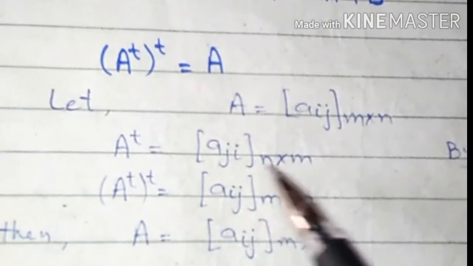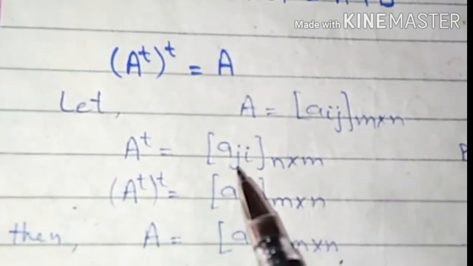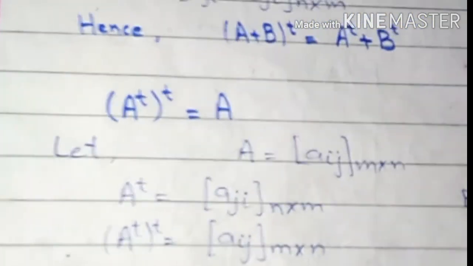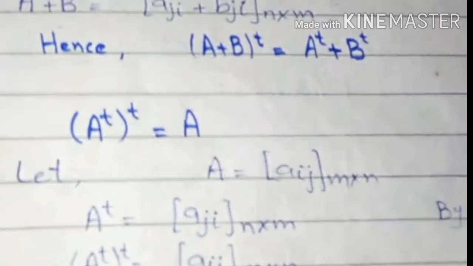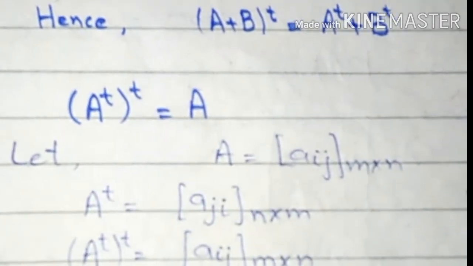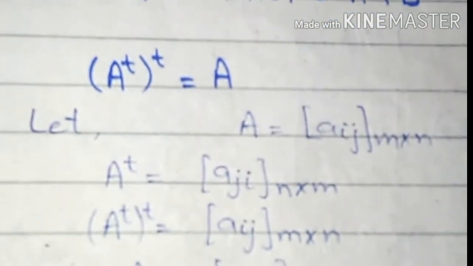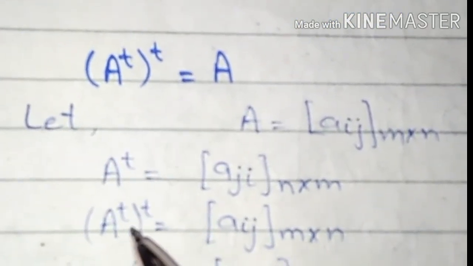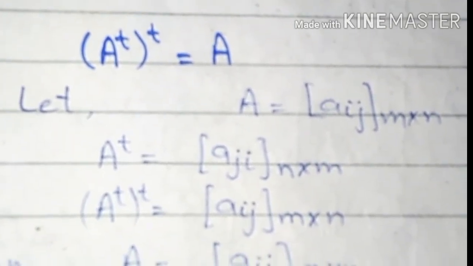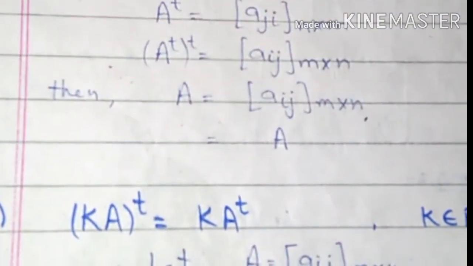A transpose is equal to a_ji, n cross m, and the transpose of A transpose also changes back into its original condition, a_ij m cross n. So A is equal to (A transpose) transpose is equal to A. So we can say that A is equal to a_ij m cross n, and we can also write the third theorem.